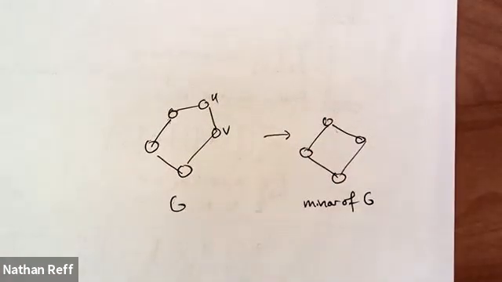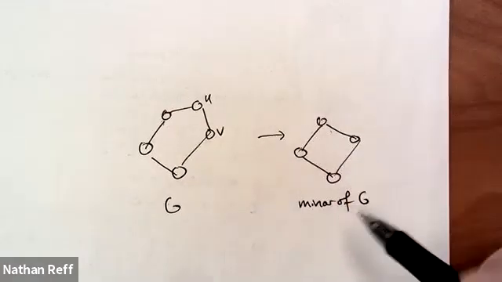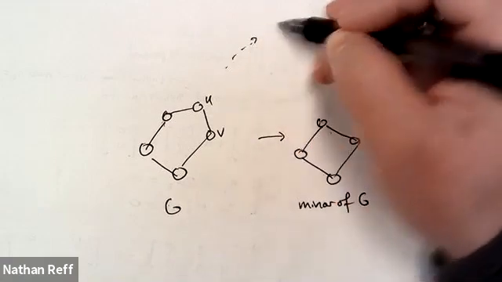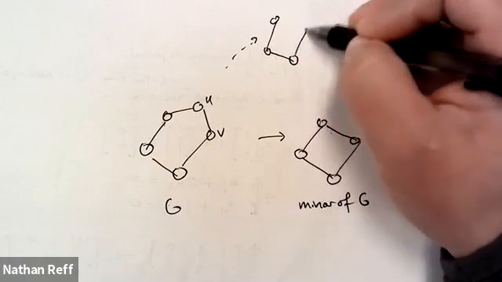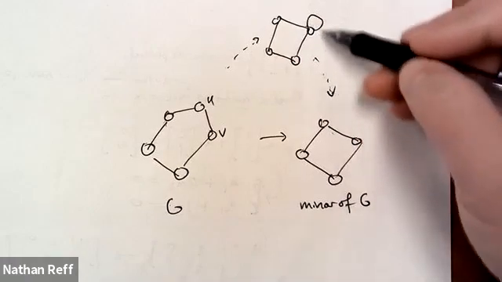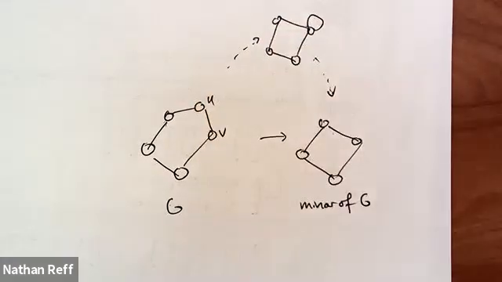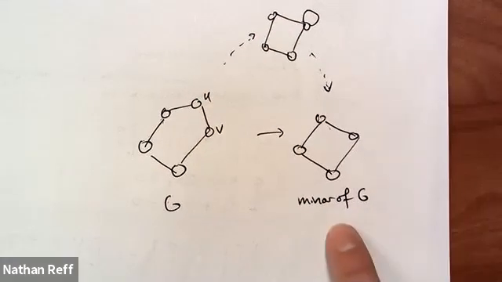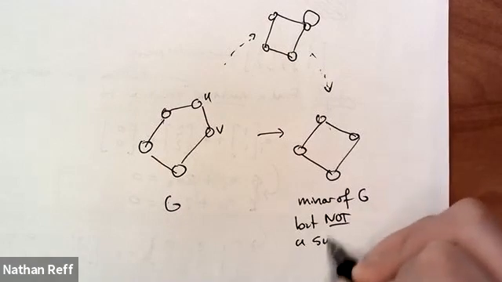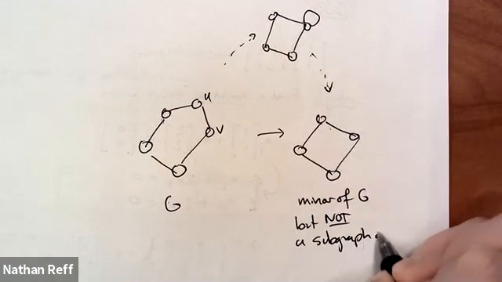Like you deleted an edge, so you kept that. Yeah, but when you do contractions, the intermediate thing that you would actually have looks like this. When I connect those, this is a minor of G, but not a subgraph of G.